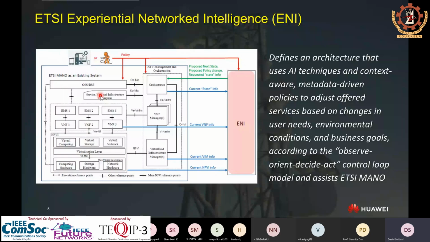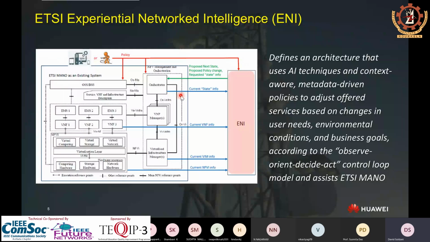Now, what the new group since 2018 has done is to introduce a supporting architecture, and this initiative is denoted as, sorry, there is a typo here, so it is Experimental Networked Intelligence. And what the ENI group has done here is to create an architecture on top that provides services, as illustrated on this slide, to the network function orchestrator. The network function orchestrator has already been specified.